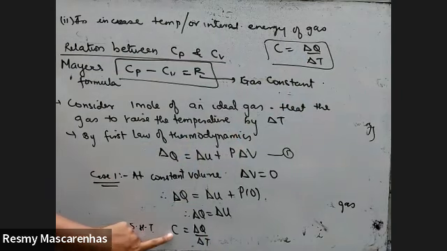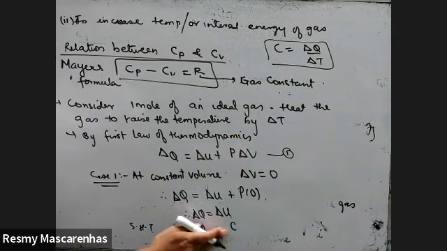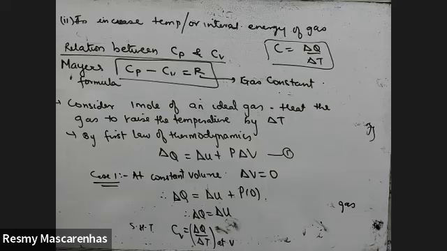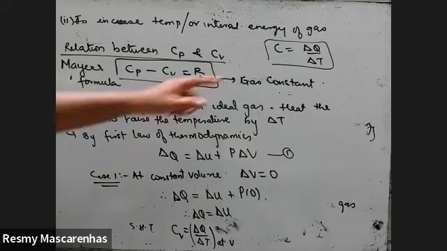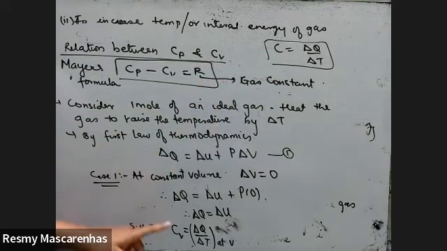This is the overall specific heat formula. But at constant volume, we'll just use the letter V. This is a general formula, but since we are doing it at constant volume, we'll use V. What is delta Q?